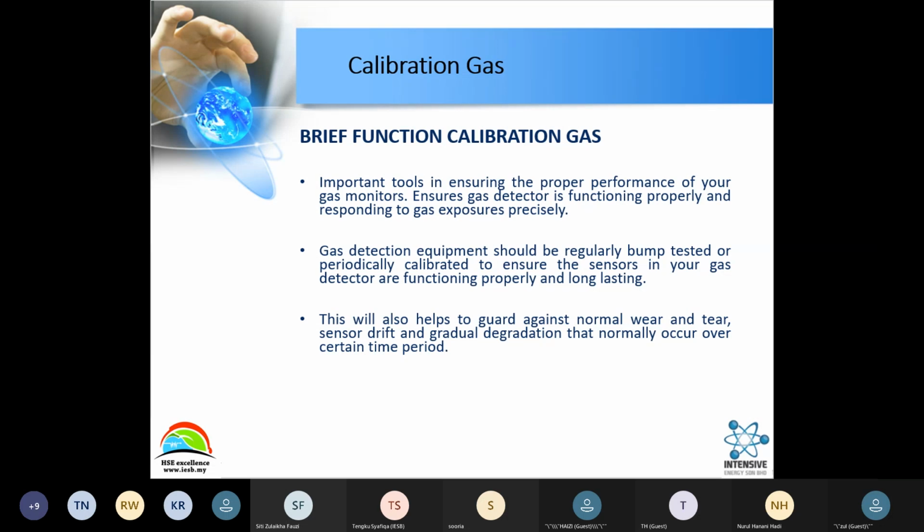Gas detection equipment should be bump tested or periodically calibrated to ensure the sensors in your gas detectors are functioning properly and last longer. This will also help to guard against normal wear and tear of the sensor, or sensor drift and gradual degradation that normally occur over a certain time period.